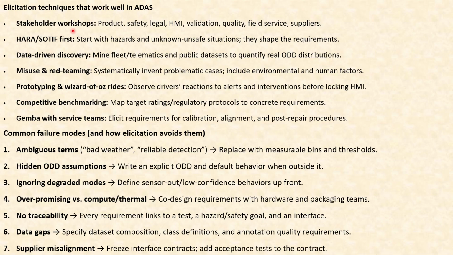All these stakeholders' opinions or points of view must be taken into consideration before you finalize the stakeholder requirements. When it comes to legal requirements, experts of HARA and SOTIF must be involved, and their opinions must be clearly considered because they form the building blocks of the requirements.